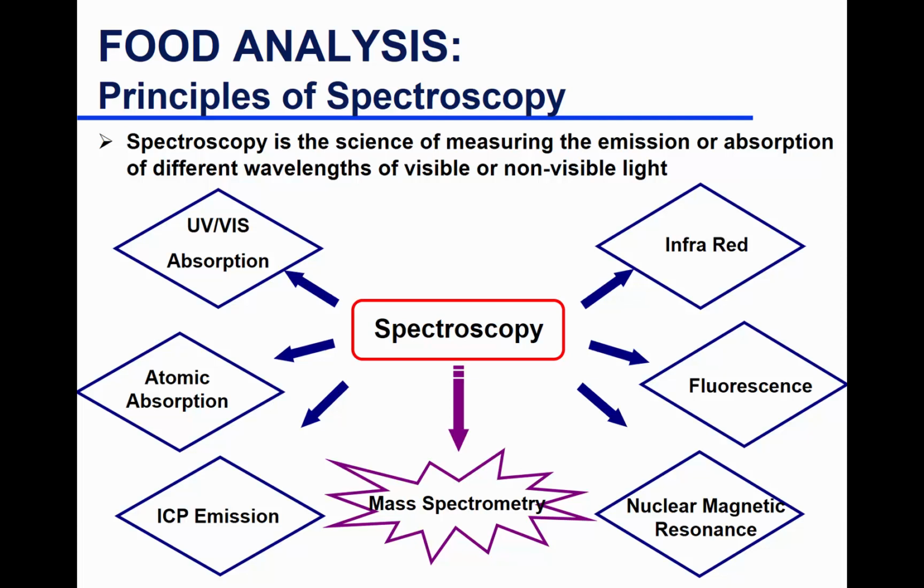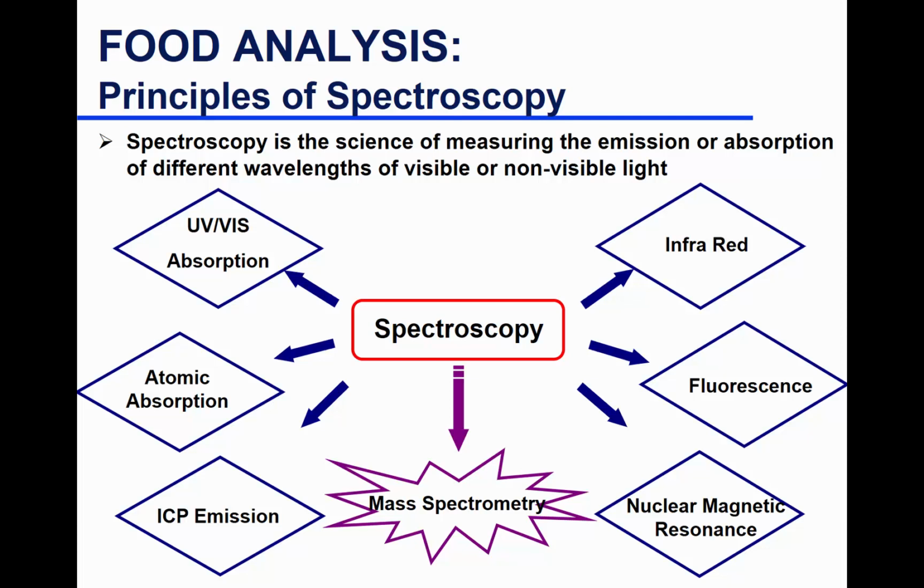Fluorescence, and then atomic absorption. We will talk about that, I think, on Friday. And then we're going to talk about inductively coupled plasma emission, which is unique for elemental analysis, but it measures emission of light in this case.